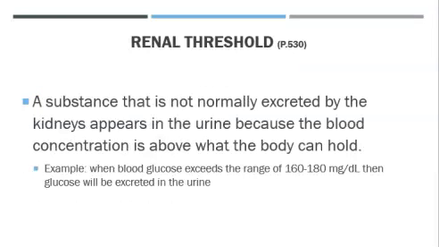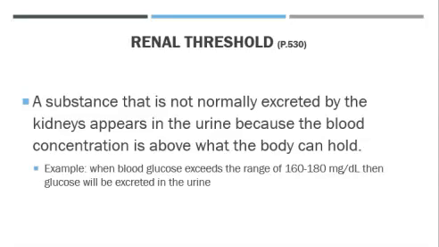The next concept we need to discuss is renal threshold. This is when a substance is not normally excreted by the kidneys, but it ends up appearing in the urine because the blood concentration is above a level that the body can hold.